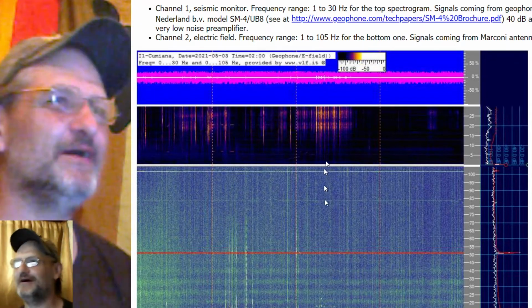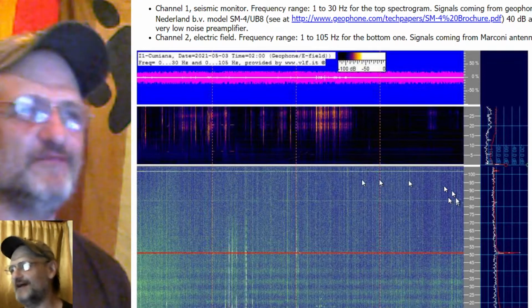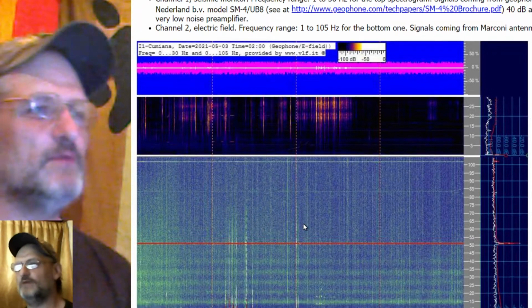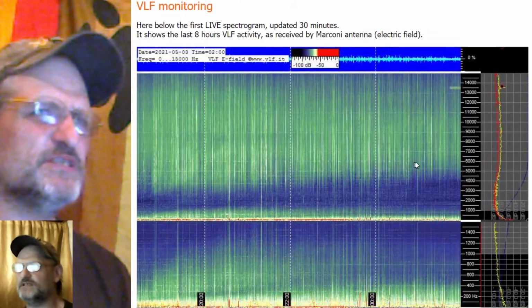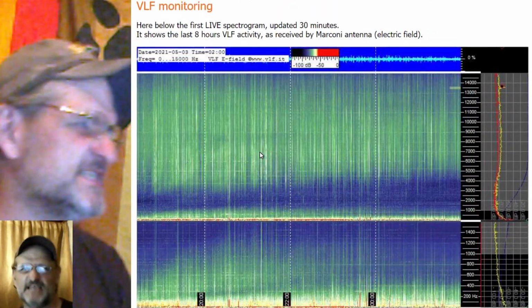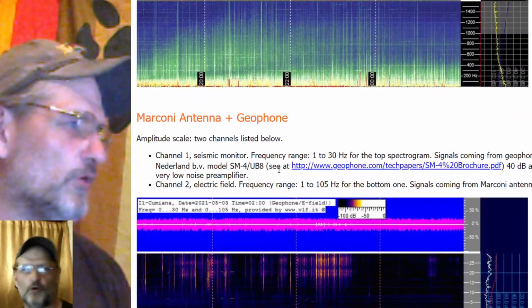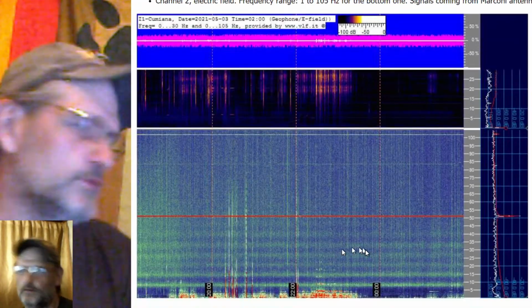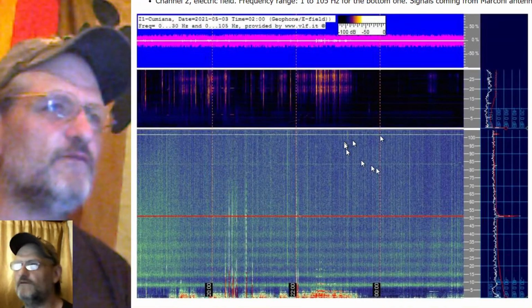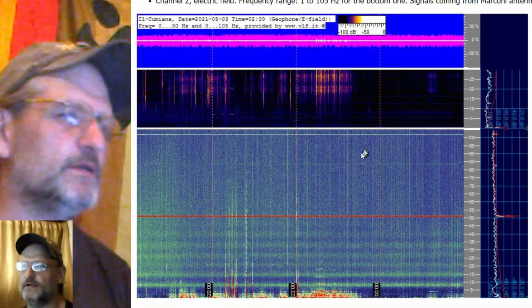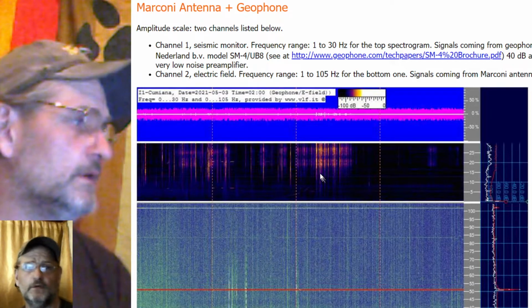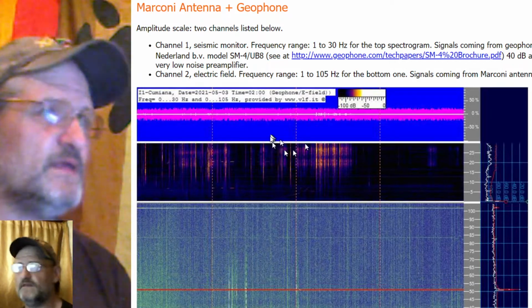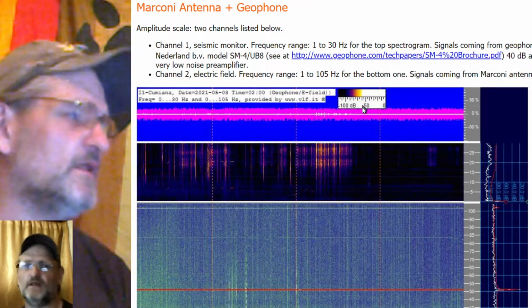All right, so 1 to 105 hertz. This is the one that interests us most of all. To tell you the truth, they show this spiky because they sex it up and glamorize it. But this is the one we're looking at. We need to look at the 105 in the electric and the seismic. And they give you the parameters of a kilometer.